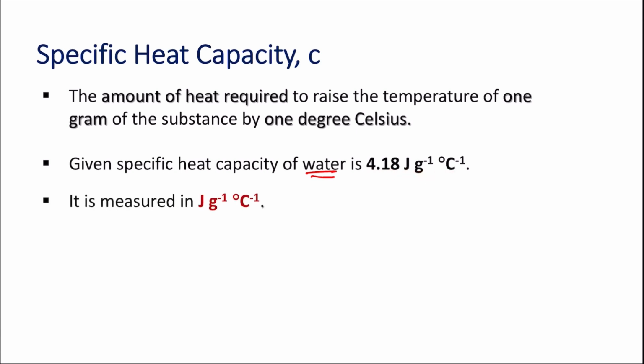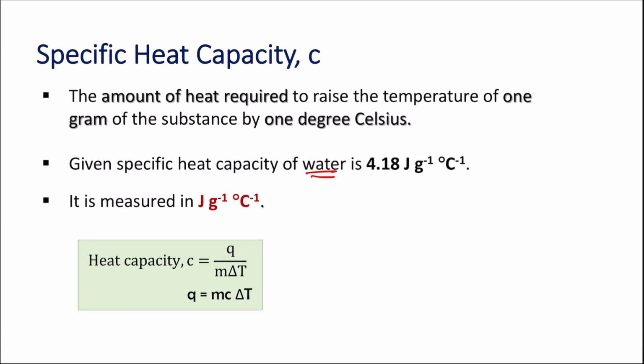So you can see that the units is in joule per gram per degree Celsius. So between the previous one, this one the symbol is small letter c. So how to calculate? The formula for this one, it will be based on c equals to Q over m delta T.